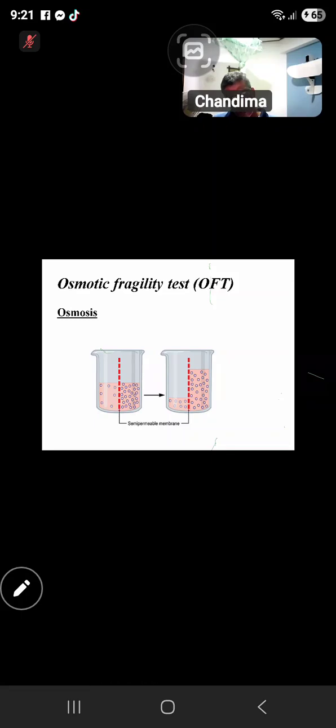Add an equal small volume of blood to the series of sodium chloride solutions, and allow it to stand at room temperature or 37 degrees centigrade for a certain period of time. Normally it is 30 minutes to 1 hour. And after that, centrifuge the sample and observe the hemolysis.